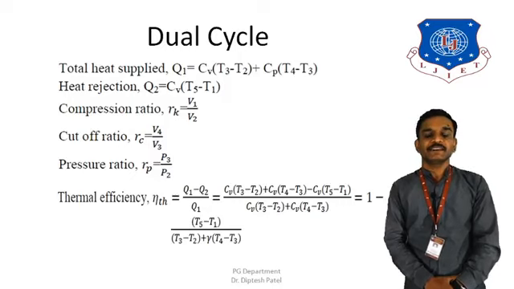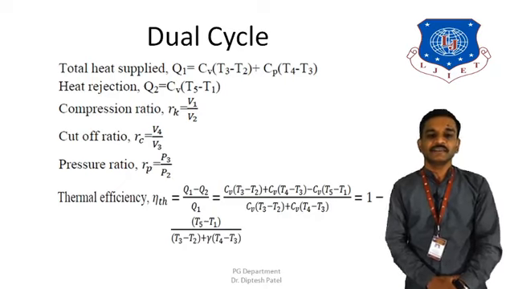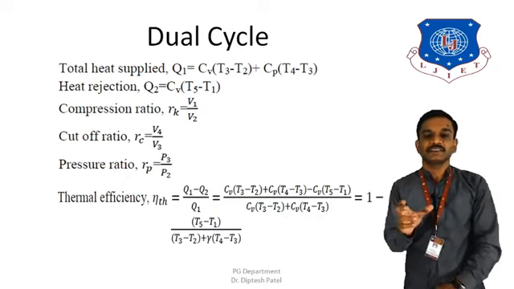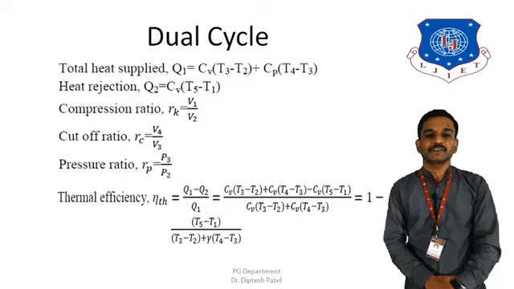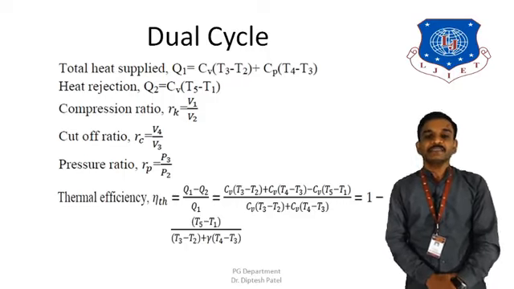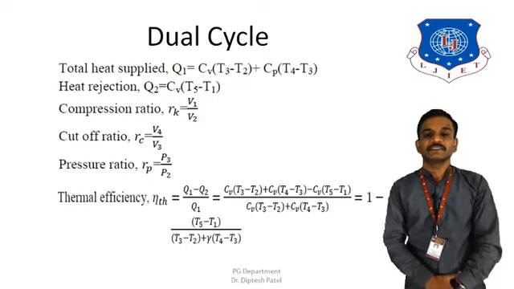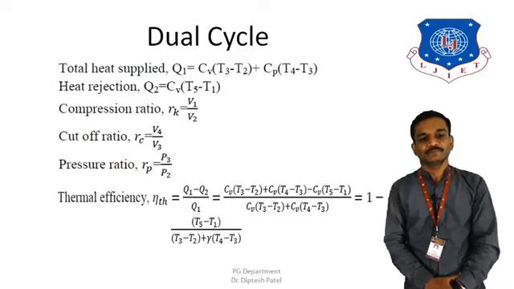Heat is rejected at constant volume from 5 to 1, so the heat rejection is equal to Cv (T5 minus T1). The compression ratio, which is the ratio of volumes during the compression process, rk, is V1 divided by V2. The cutoff ratio, as I said, relates to the constant pressure heat addition process, so the cutoff ratio is V4 to V3, and the pressure ratio is P3 to P2.